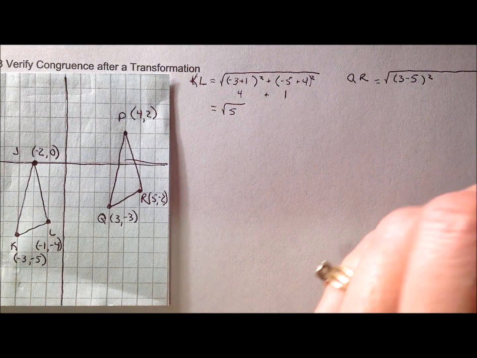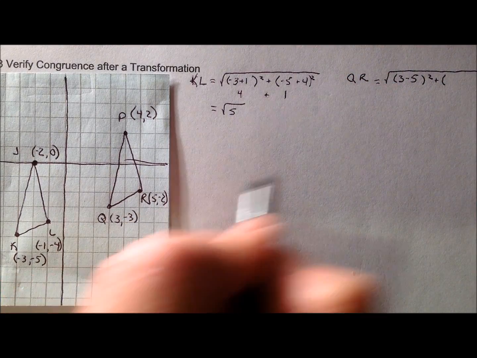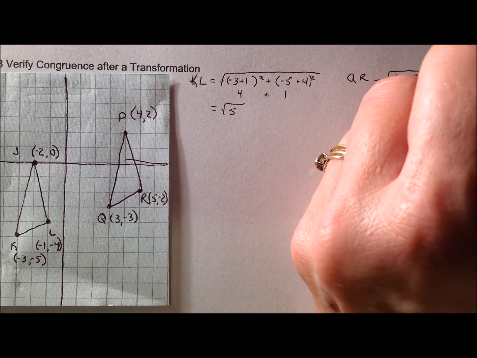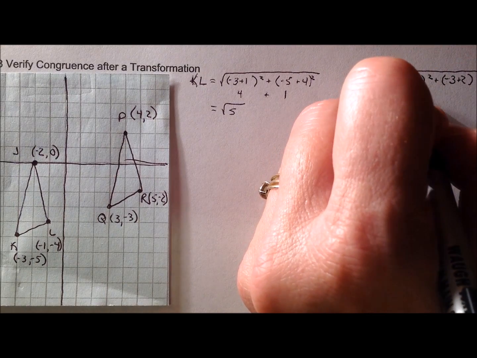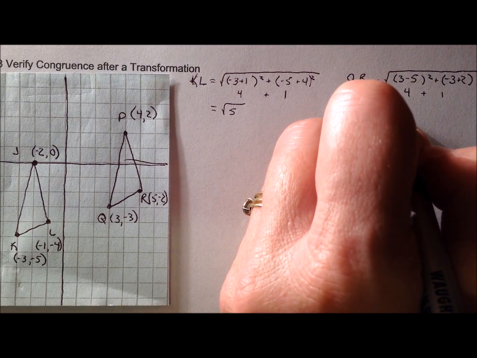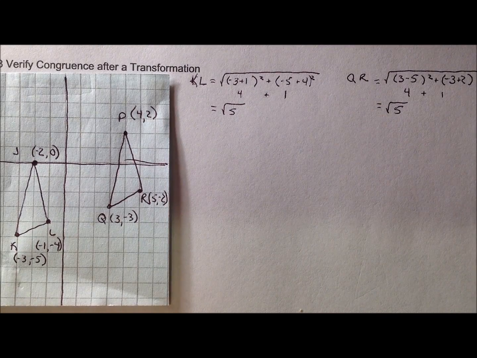Okay, 3 minus 5 squared plus the y coordinate difference would be -3 plus 2. So we would have -2 squared, which would be 4, plus 1 again, which, yes, would be radical 5. So those two sides are congruent.